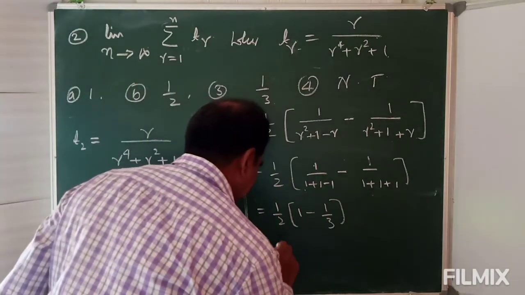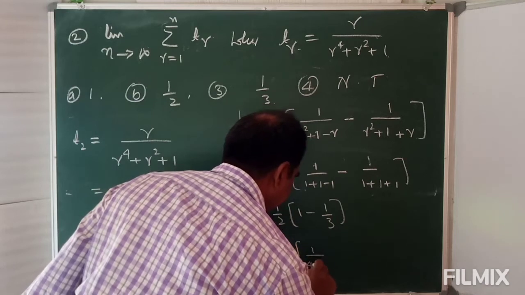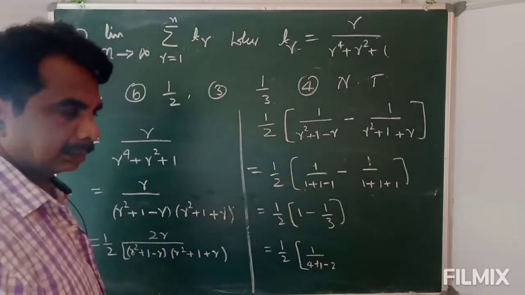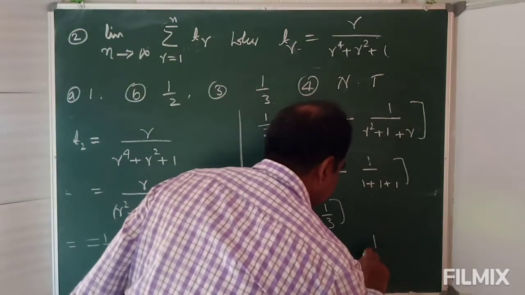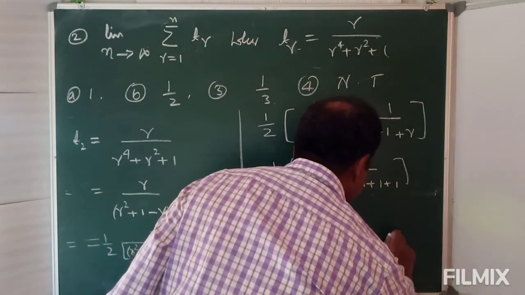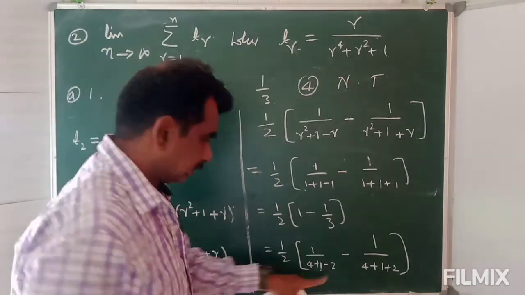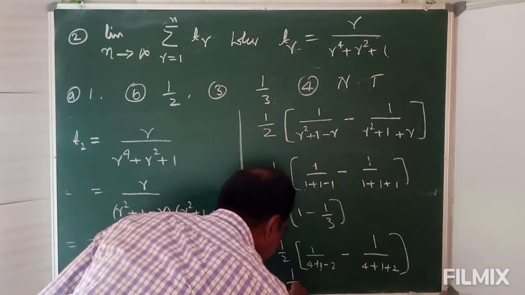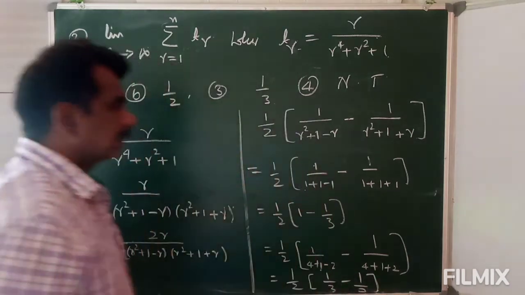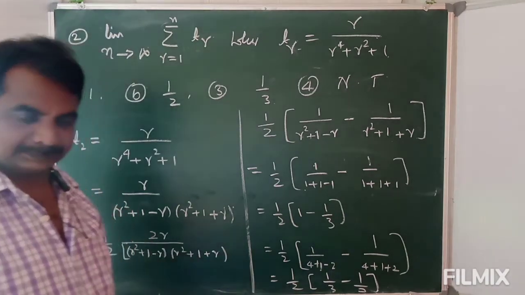What happens? 1 by 2 into 1 by 4 plus 1 minus 2, okay, minus 1 by, that is 4 plus 1 plus 2. What happens? 4 plus 1, 5 minus 2 is 3, 1 by 2 into 1 by 3 minus 1 by 7. Like this it will come. Okay? Write this one up to here.